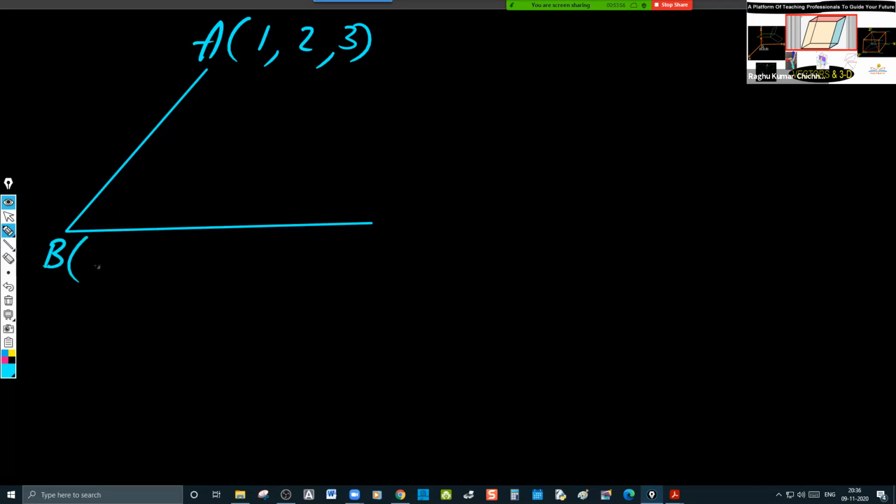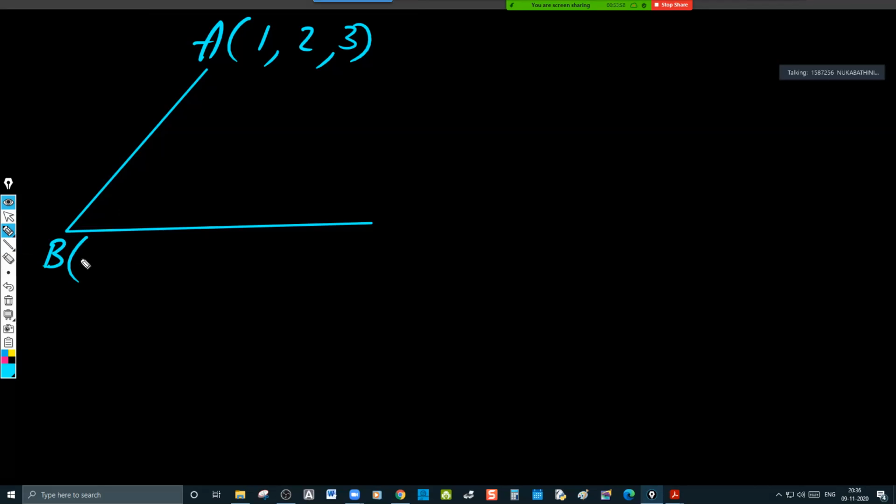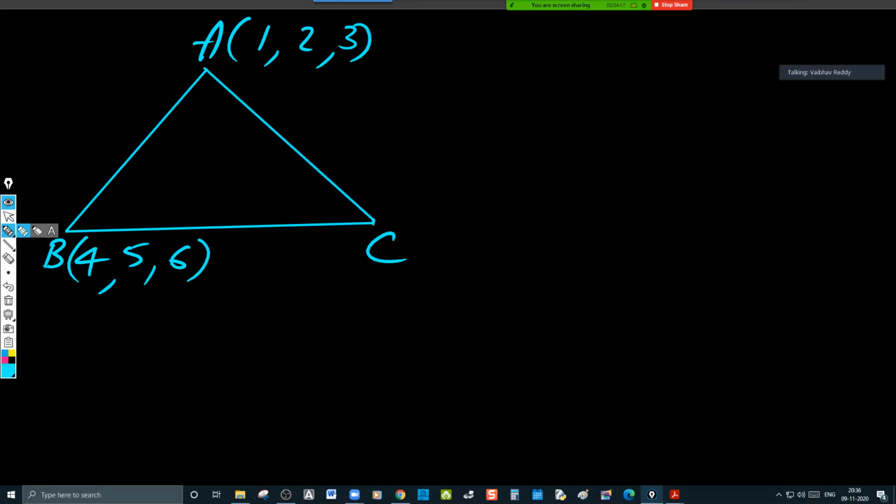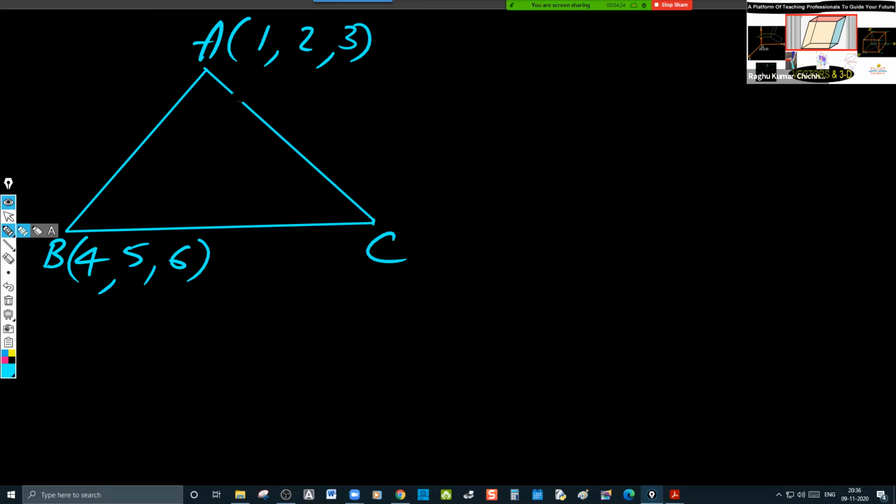Come on, tell me. 4, 5, 6. That will become an equilateral triangle. Anyway, Vaibhav, tell me a point of your choice. Come on, make it fast. 7, 8, 9. Okay, that's good. But I'm not going to take C here.